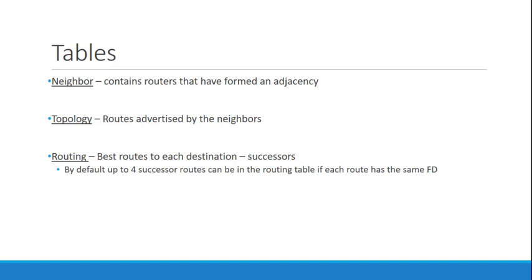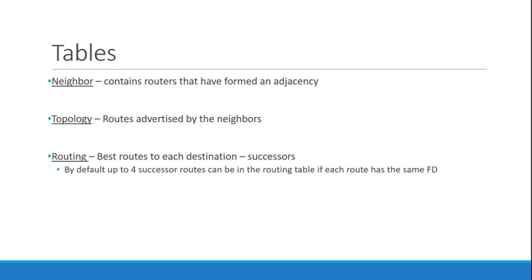So if I'm sitting on R1 and it's connected to R2, R3, and R4, and they've formed an adjacency, meaning they agree on things, for the most part, that's going to be, in our classic configuration, the autonomous system number for sure. Then R2, R3, and R4 will show up when I do a show ip eigrp neighbors.